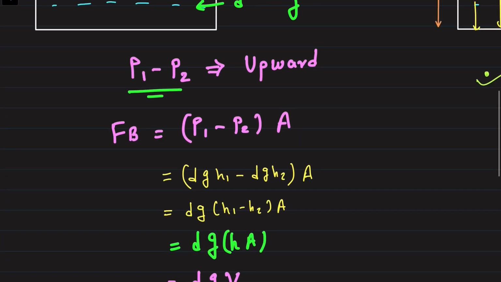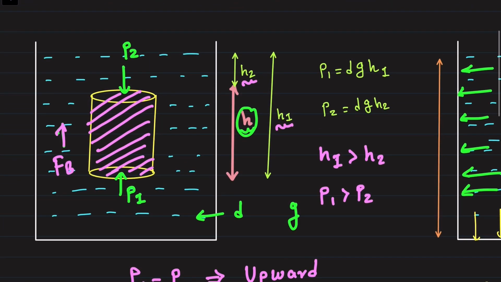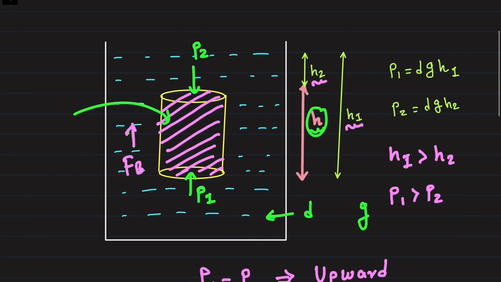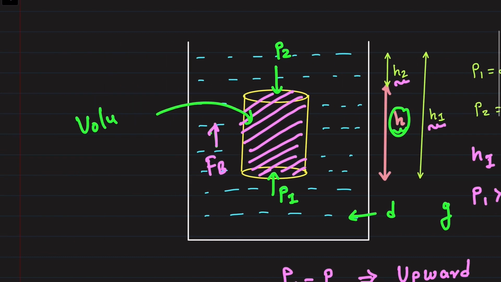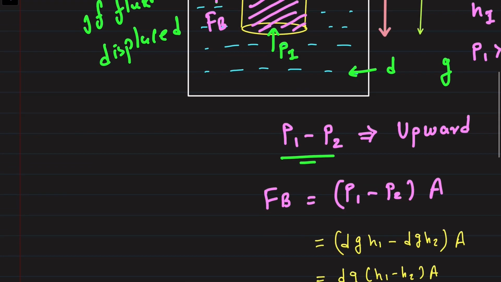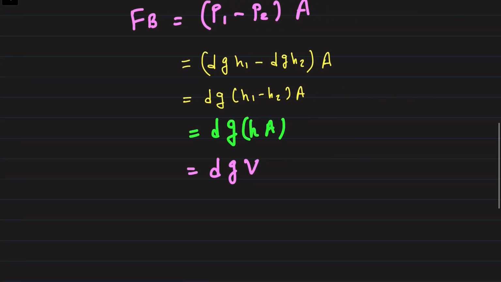And you can say that the volume of this cylindrical object is equal to the volume of fluid displaced.